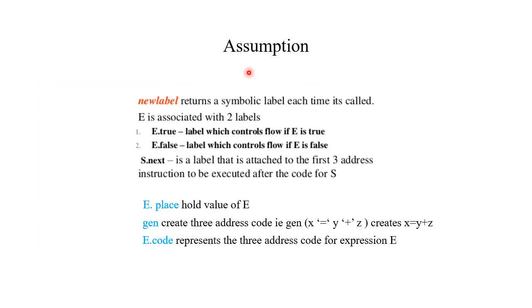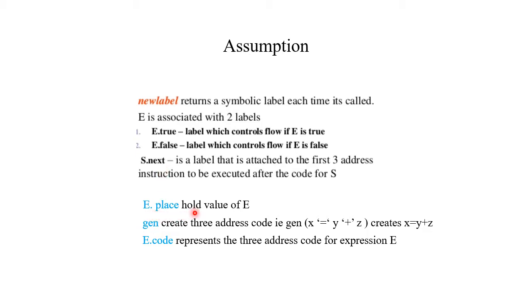Certain assumptions for the explanation. New label returns a new label name. E is associated with two labels E.true and E.false. E.true is a label which controls the true part of expression. E.false is the label which controls flow if E is false. S.next is a statement that follows the decision making if or while statement.